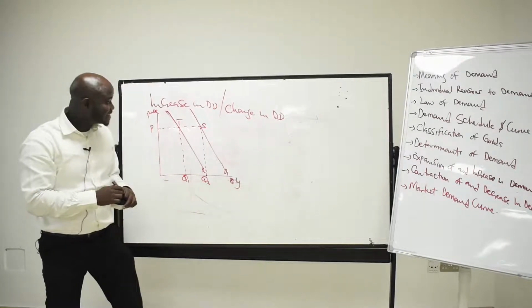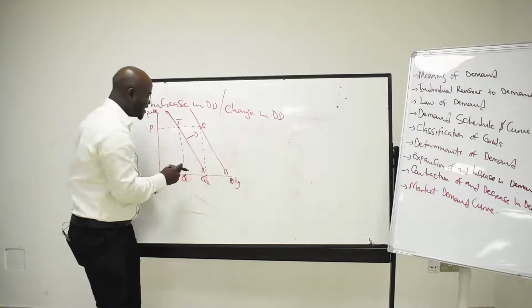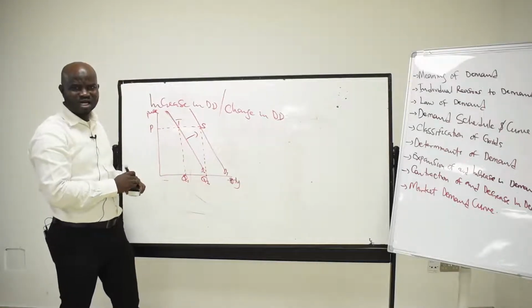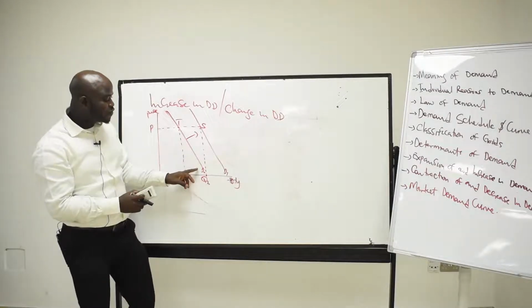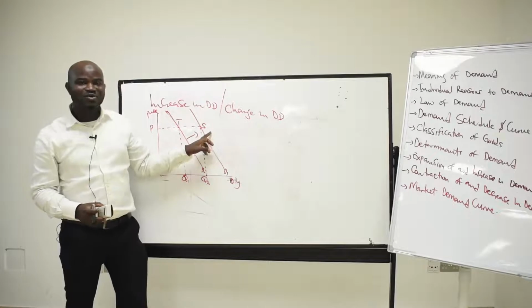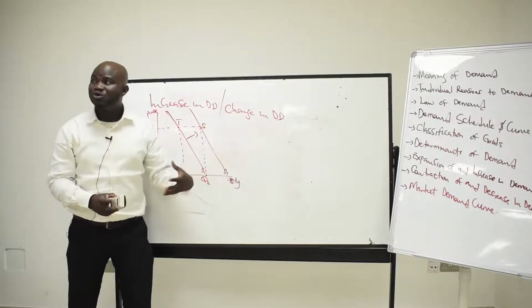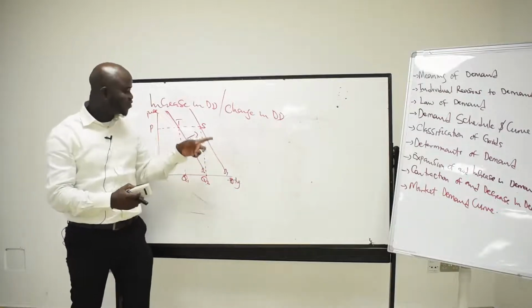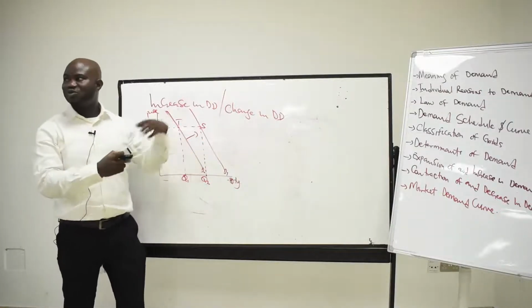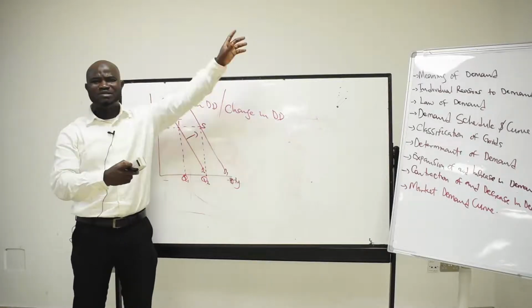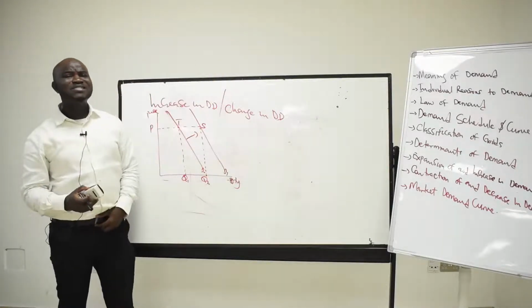So you notice that the D naught here is the initial demand of the consumer, but suddenly it moved from D naught to D1, which means it's favorable to the consumer. The only thing that can bring about a change in demand, or the outward shift in demand, is the subjective factors of demand.